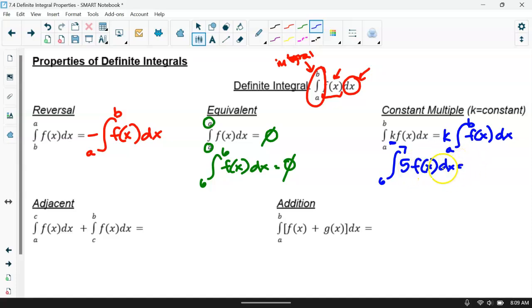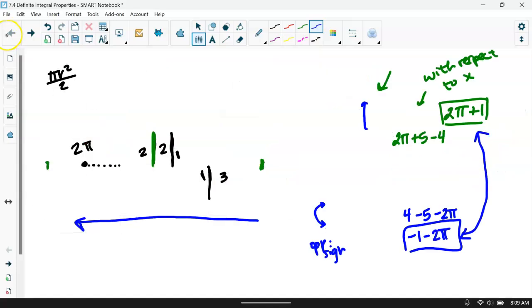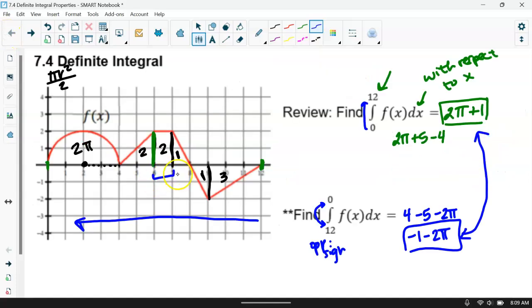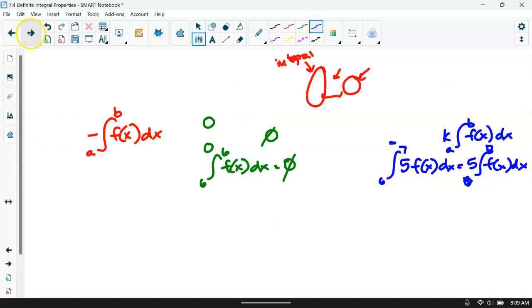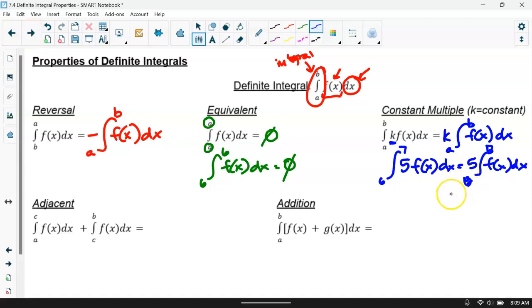What we're saying is that this is the same as 5 times the area under the curve from 6 to 7 of our function. The area under the curve from 6 to 7 is 2. So this is the same as 5 times 2, which is 10. That would be the area.